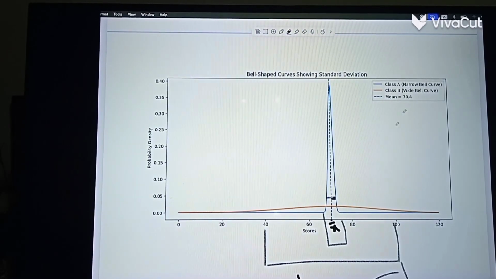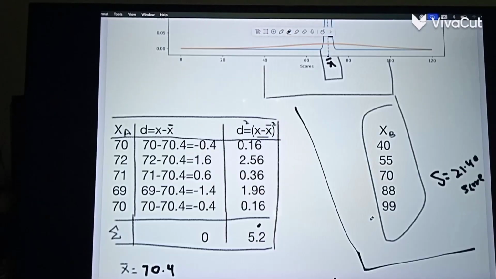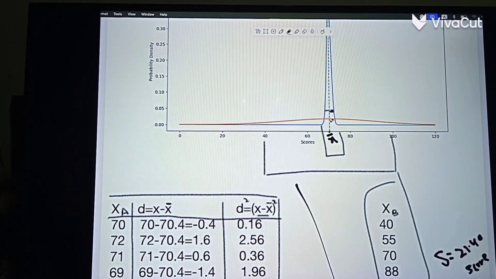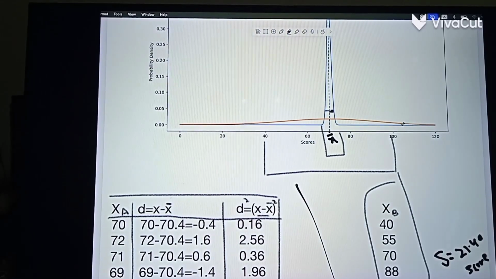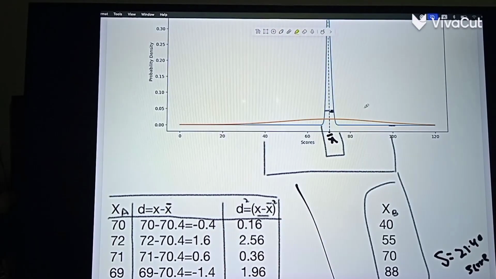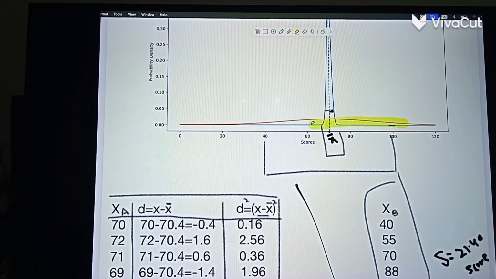Now if you consider class B, where the difference is 21.40, from the mean you take this much distance, 21.40, and the other side will automatically become 21.40.